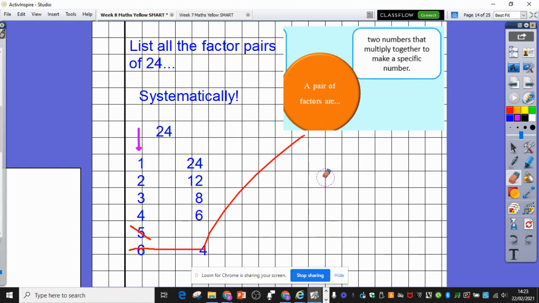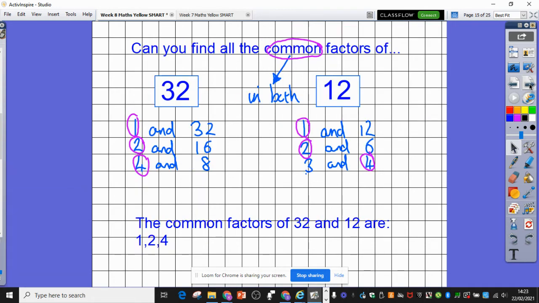Let's just rub that one out because that looks very messy, doesn't it? Okay, so because I've worked systematically, I've found all the factor pairs for 24. Is it all coming back to you now, Yellow Group? So let's move on and see how you're going to apply that knowledge to help you answer some questions.